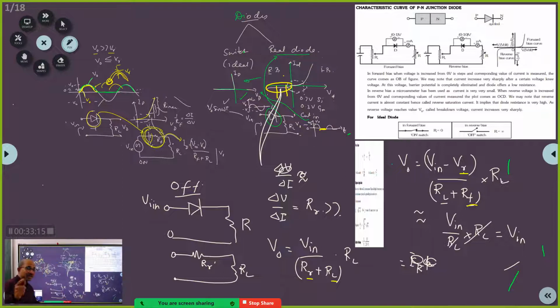RR is very large. If RR is very large compared to RL, then for practical purposes V out will be approximately equal to V in times RL divided by RR. So what you see is that you will get a very small output. In the ideal condition we write the output waveform like this, but in the real condition the output will be a small voltage.